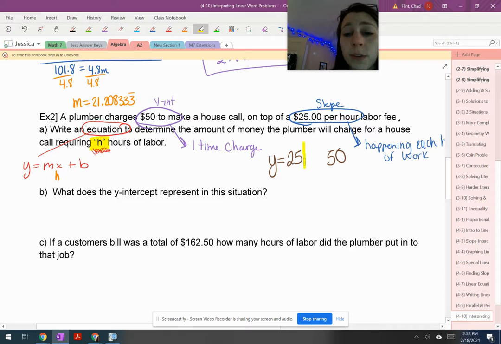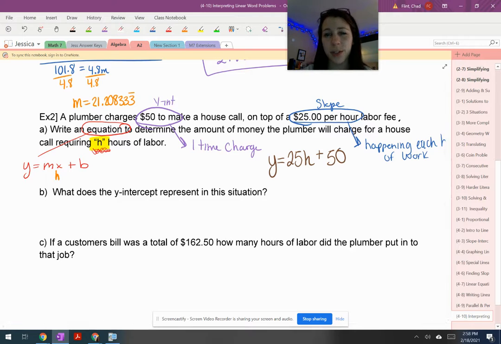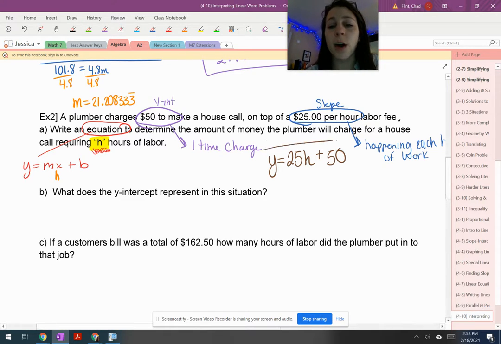So, oops, 25h for the hours plus that 50. And if you did forget to use h instead of x, it's only lost 1 point. So there is my equation to find out how much the plumber will cost for h number of hours at a house call.